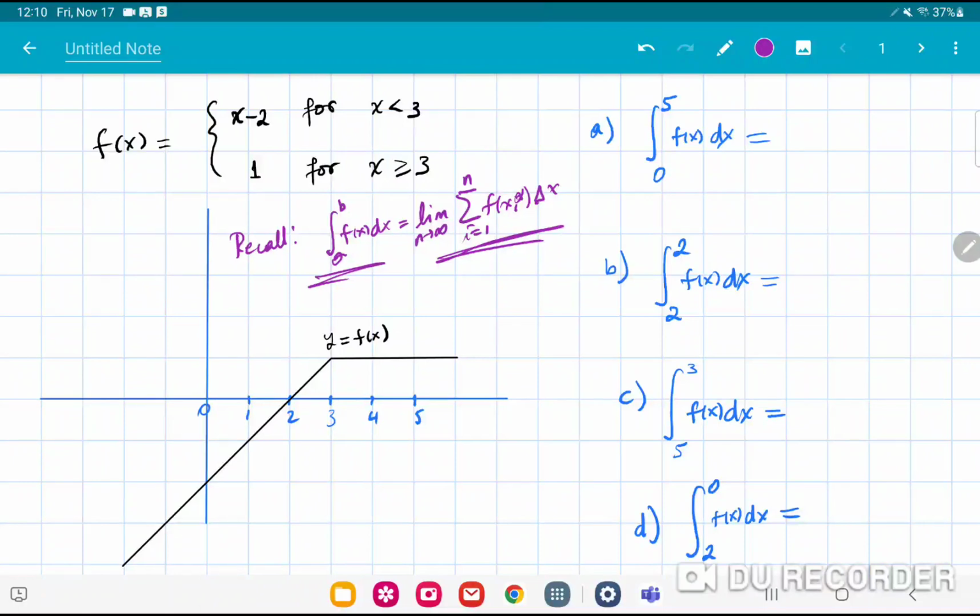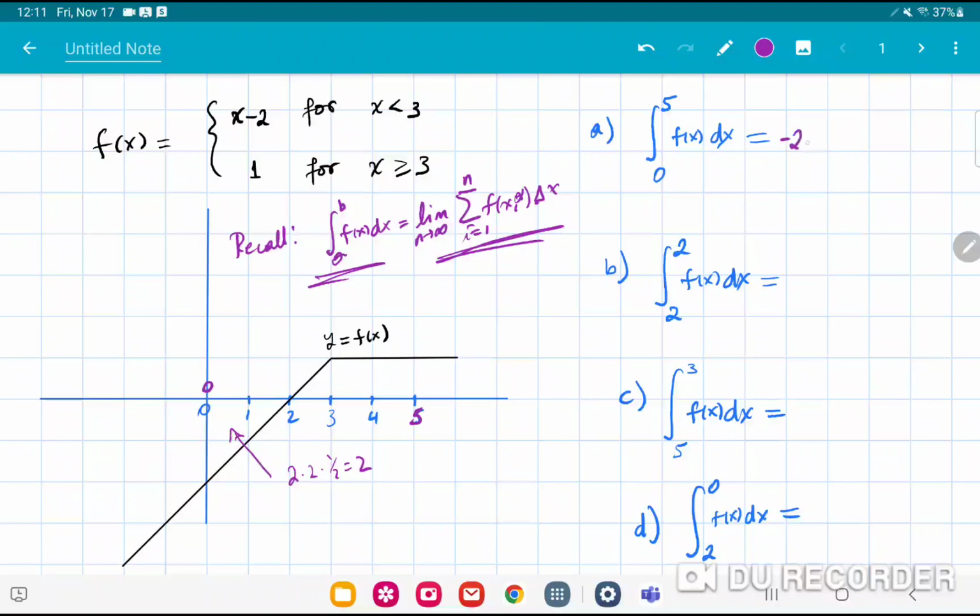So the first one is the integral from 0 to 5 of f of x dx. 0 is here, 5 is here. So we're going to count the area. If you see this, this is the area. That's a 2 by 2 triangle, so that gives you 2 times 2 times a half, which is 2 square units, but it is negative because it is below the x-axis.